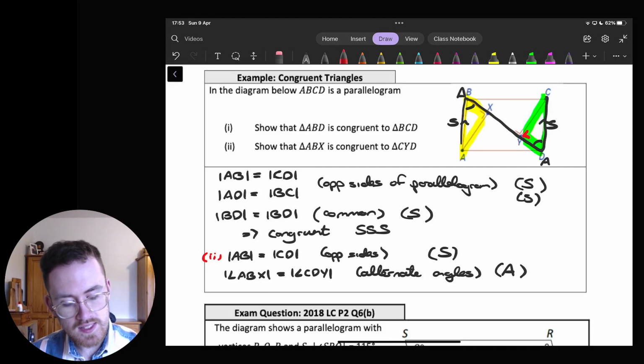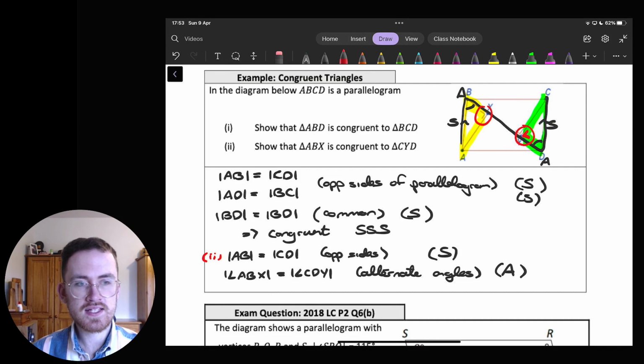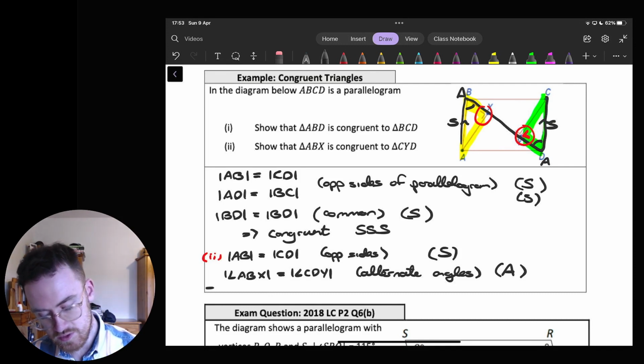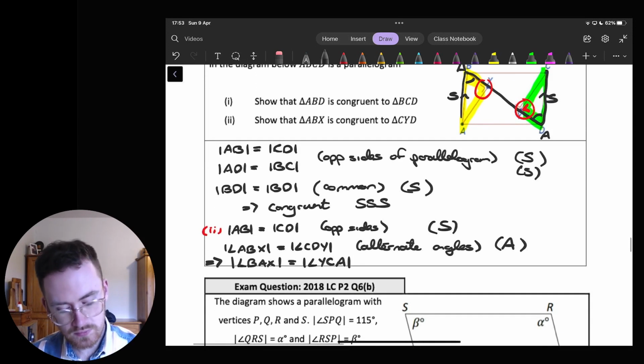And what we know is both triangles have a right angle as well. So if they have a right angle and another angle, that implies the other angle, BAX, would be equal to my other angle on the other triangle, which we'll call YCD.